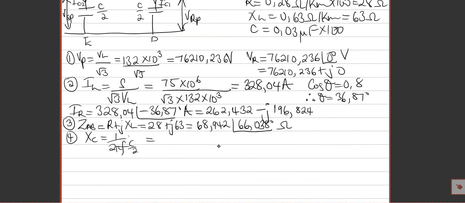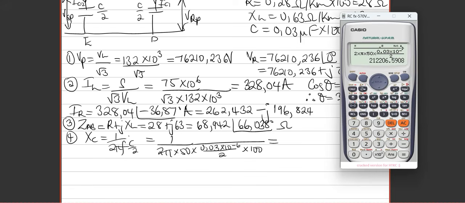I'm going to say 1 over 2 pi times 50 times 0,03 times 10 to the power minus 6, all divided by 2 times my 100. I've included the 100 just in there.